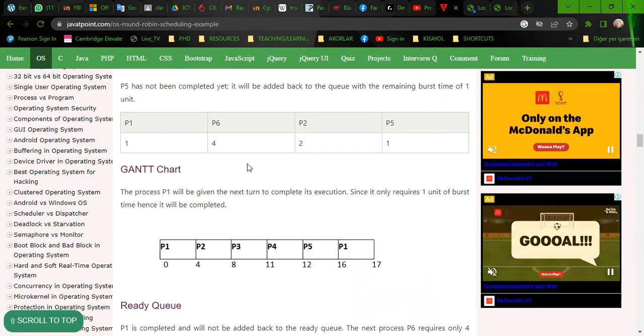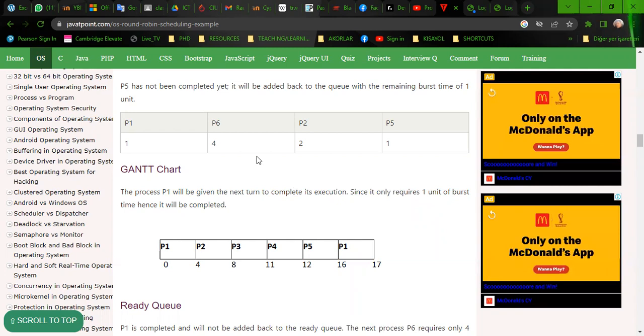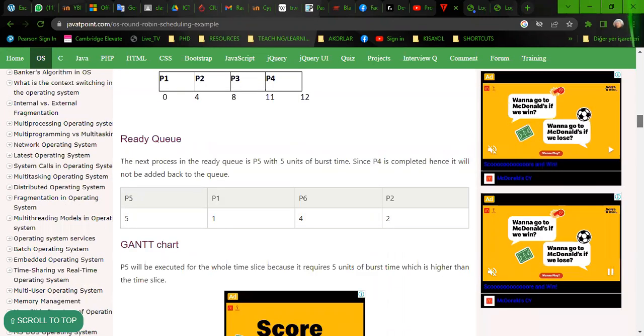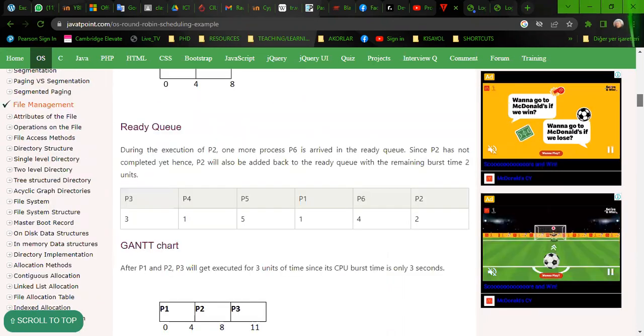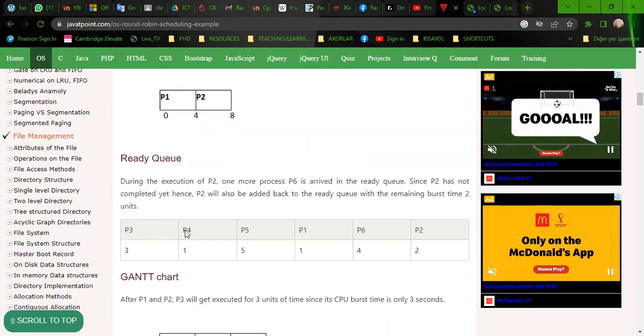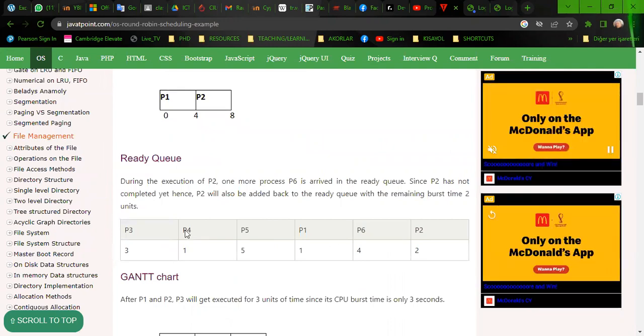And in the exam, don't do it like this, just update the ready queue each time.